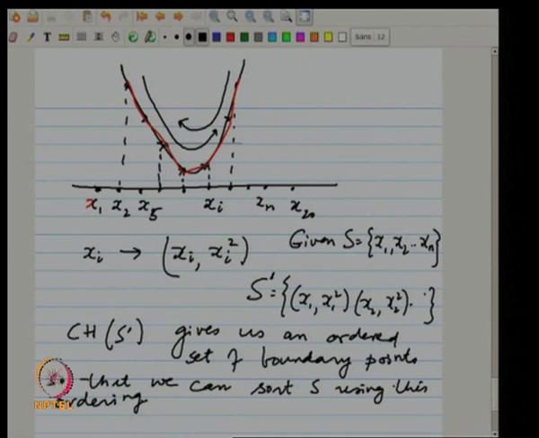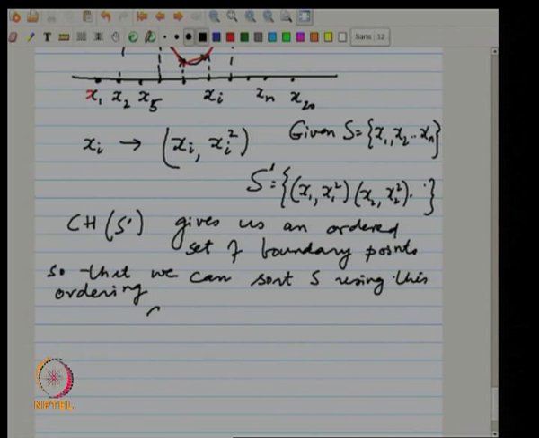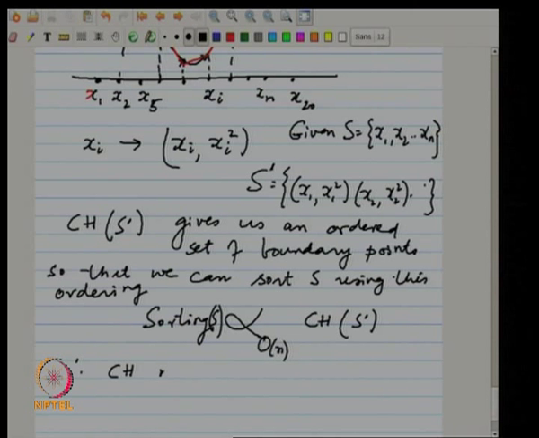So, we have essentially shown that sorting is linear time reducible to convex hull. Sorting of S is reducible to convex hull of S prime, and therefore, convex hull must have a lower bound of sorting.